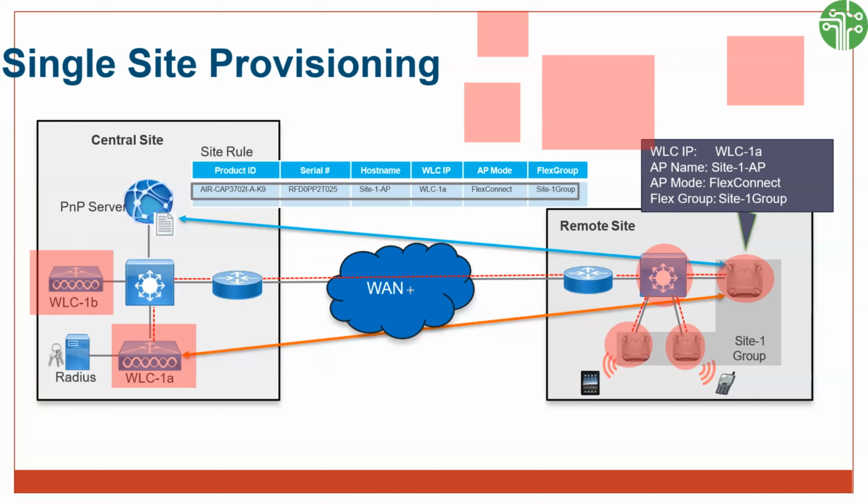Someone made a big mistake while doing this, and I think he lost his job as well. You can see that on the central side, this AP is connected with this edge router, and then it is connected with the WAN.